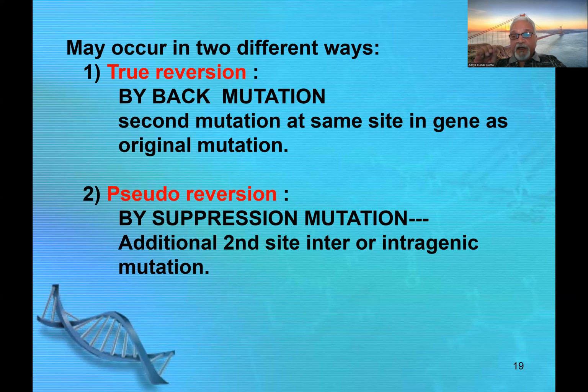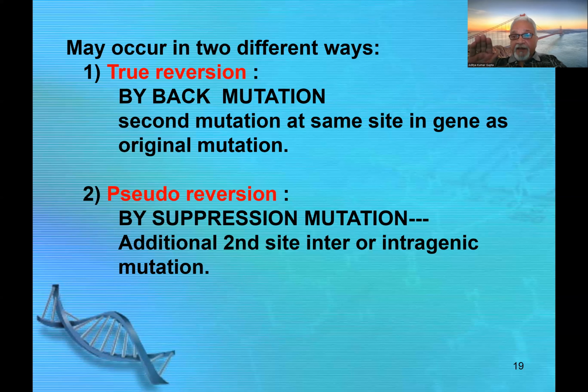For example, if in a gene sequence A changes to G in the first mutation, in the second mutation G again changes back to A. So it is the reversion of the original mutation to wild type. The wild type sequence is regained completely, and so this is true reversion.